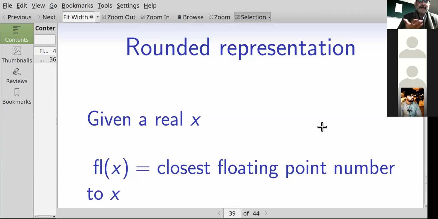Out of all the floating point numbers available to me, using whichever standard I've decided, let's say the 64-bit double precision standard, FL of x is the closest thing that I can represent in my machine to that x.